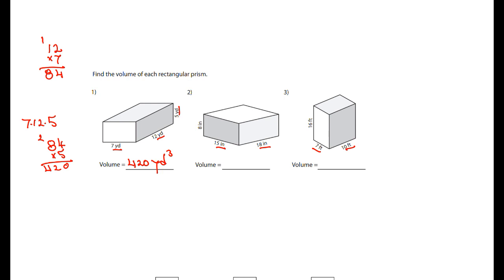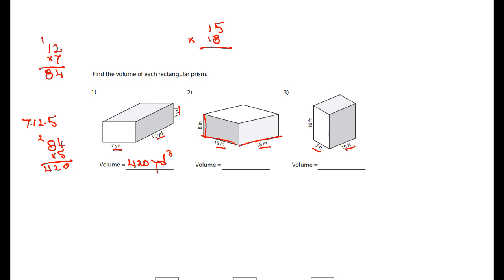Okay? What's the second one? Figure out the volume. You could do the width times the depth times the height. So 15 times 18 times 8. So 15 times 18. Okay. 8 times 5, we did that one not too long ago, did we?